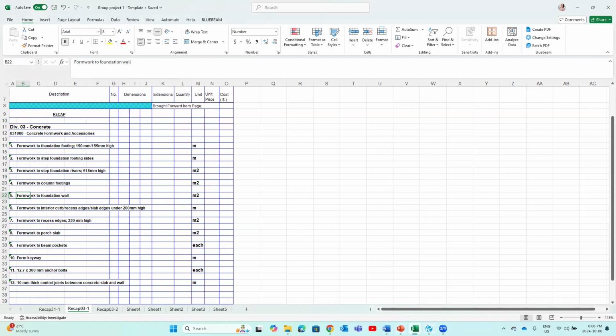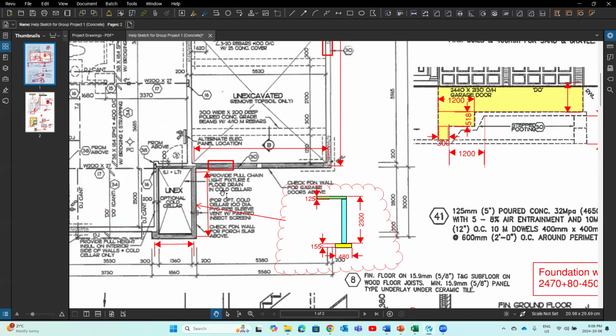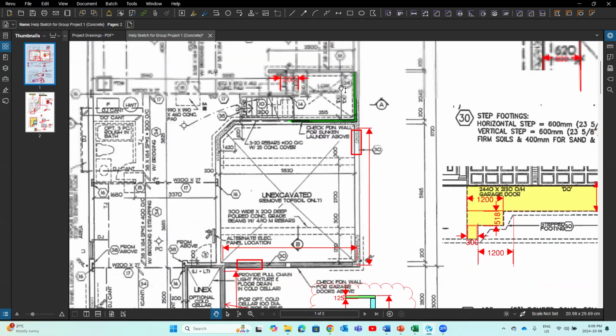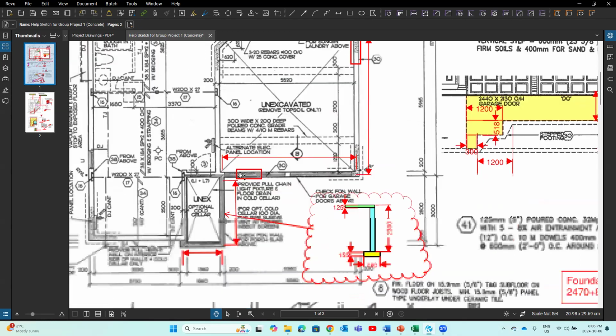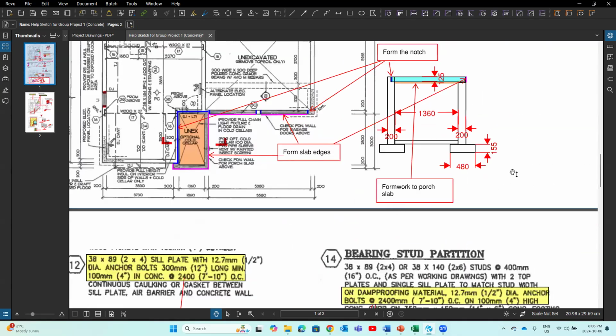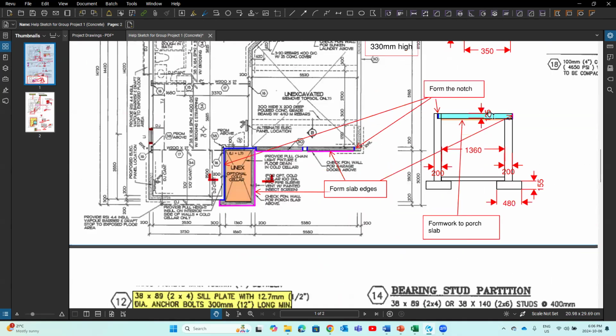So we talk about we need to subtract those where we have recess, right? And we need to subtract. But we also need to think about we add extra formwork if we have this kind of situation. Do you remember I talked about the formwork for the edges in my PowerPoint presentation?